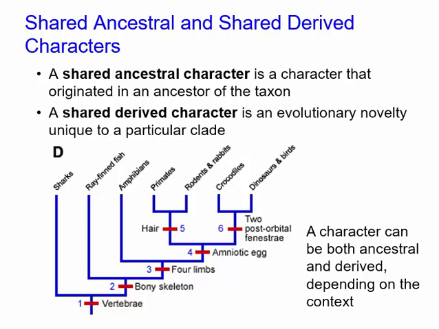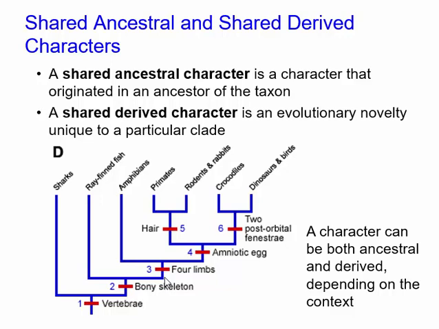But also we're interested in derived characters that seem to appear maybe either more recently or further along in the tree that are in a narrower group. And so we see examples of that here. Hair we see as this shared derived character in mammals. Here we've got primates and rodents, rabbits as examples in this tree here. And a shared ancestral character here would be vertebrae. This includes all the organisms here.